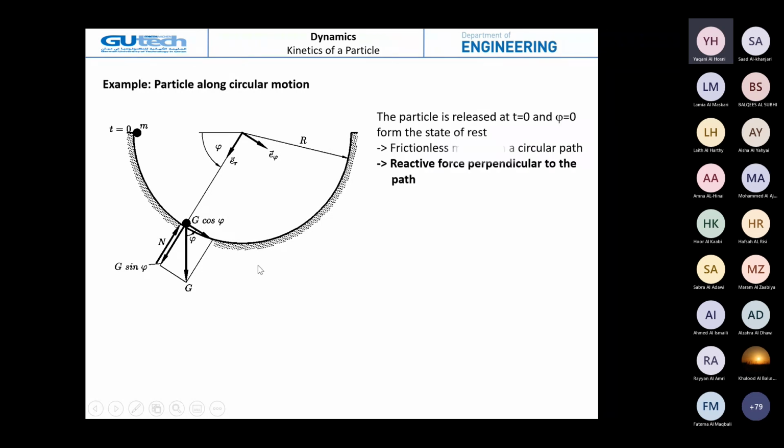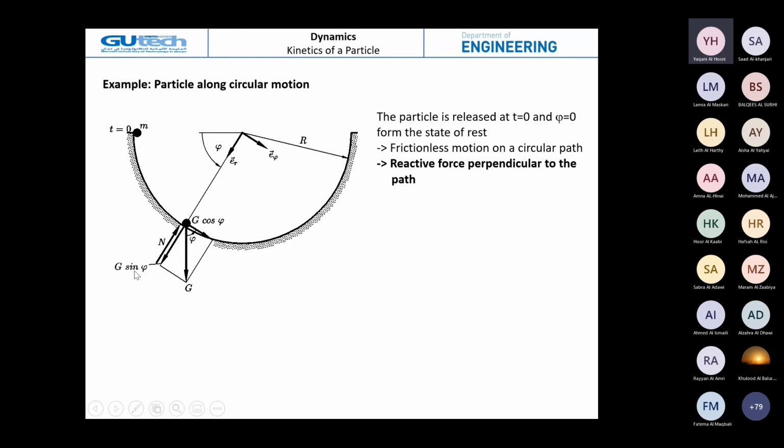Now, the particle is released at time t equal to 0 and phi equal to 0, from the state of rest. Frictionless motion on a circular path, then the reactive forces are perpendicular to the path.